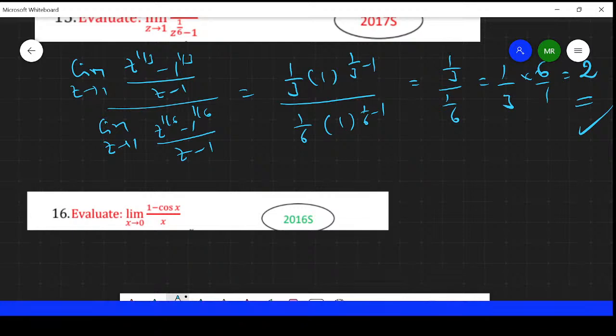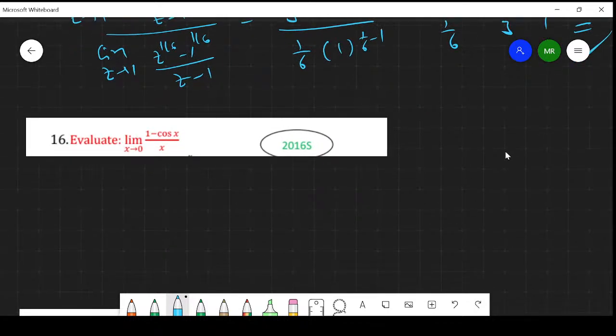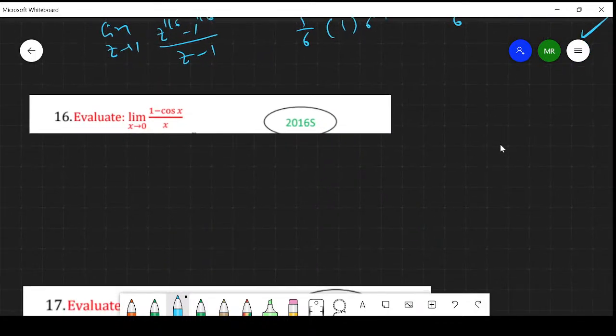Right, now you can see. Limit x tends to 0, (1 minus cos x) by x. If you take this problem, remember we have one specific formula: 1 minus cos 2x is always equal to 2 sin square x. Remember, whenever we have 2x, here we have x, which is half of that.